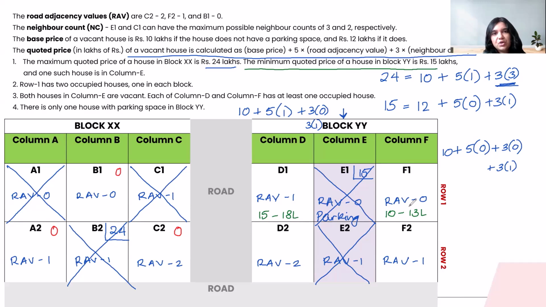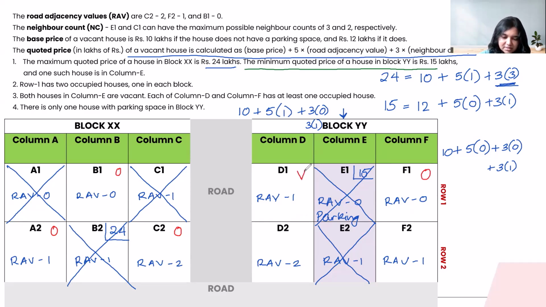Because if it is vacant, it will be on sale and the maximum price of F1 can be 13 lakhs, which is contradicting this particular condition. That means F1 is not on sale, which means F1 is definitely occupied. Now, if F1 is occupied, D1 has to be vacant. So let's fill that information in now. So we know F1 is occupied and D1 is vacant.